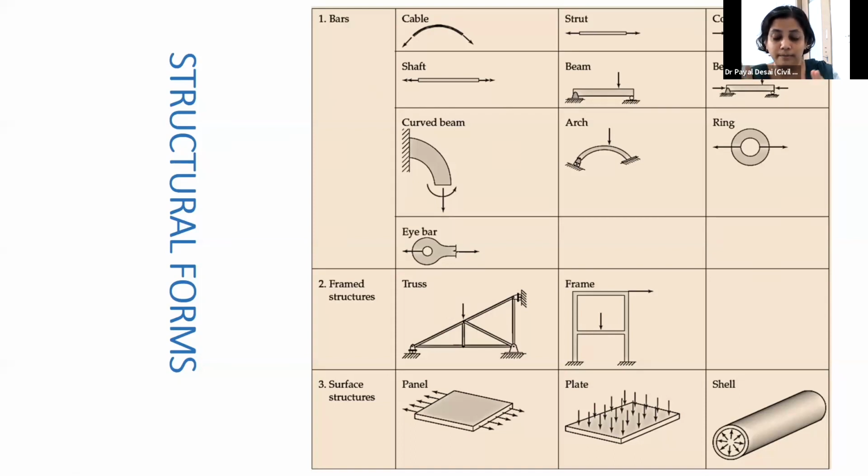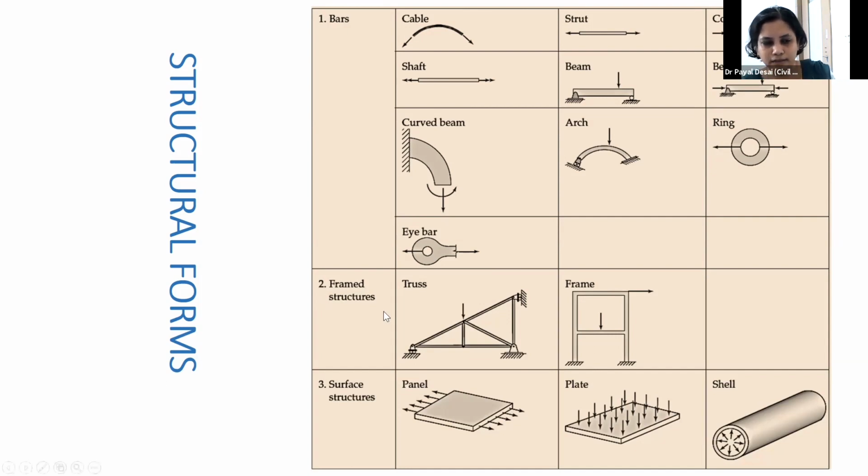Depending on the functional requirement, what type of structural form one has to choose depends not only on the functional requirement, but also on many other significant factors such as the aesthetic requirement, the availability of materials, the foundation conditions, and also the economic conditions. The shape of the structural form is based on that.